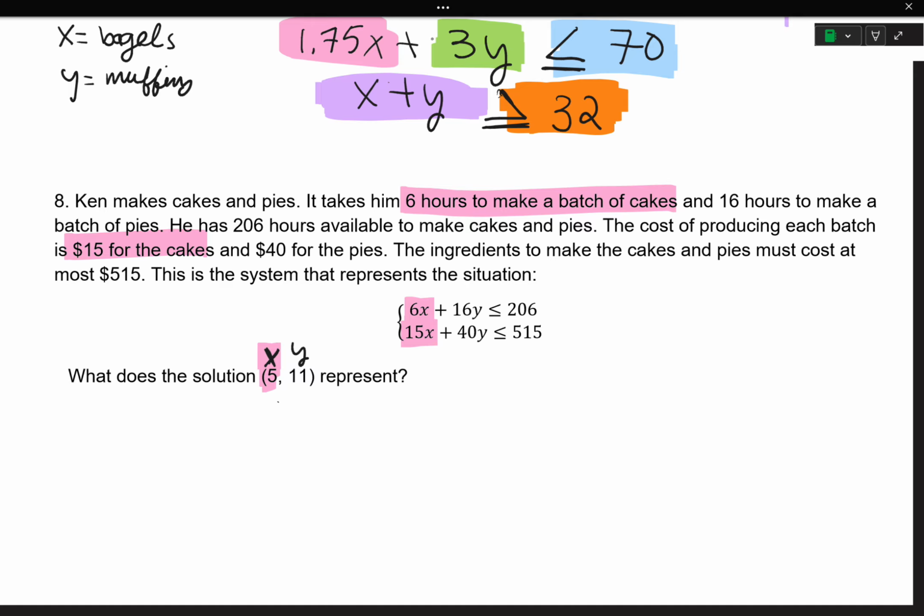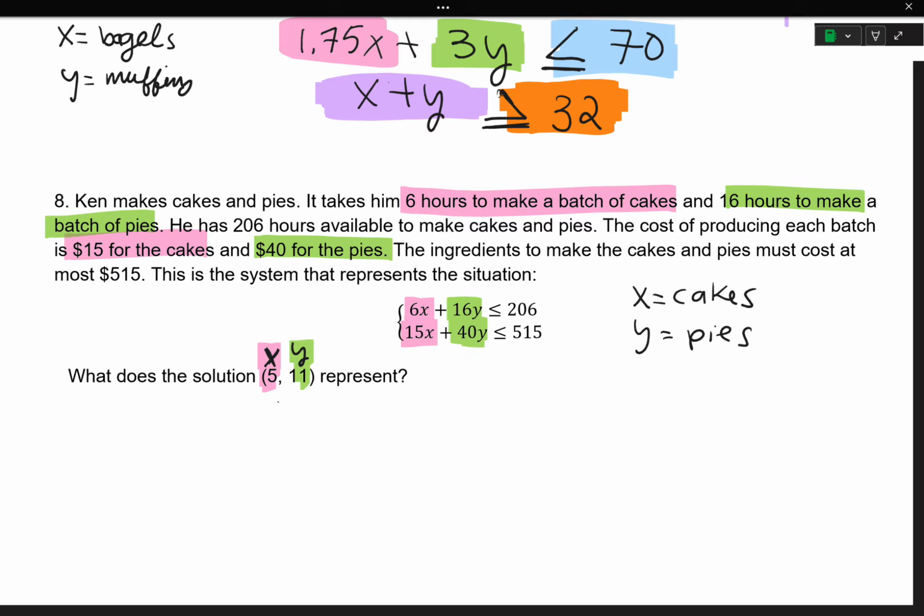I'm just going to write that on the side. X equals cakes. All right, well then, we have 16y and 40y. We only have two things, but let's still look at the problem. We got 16 hours to make pies and $40 for the pies. So our y is pies.